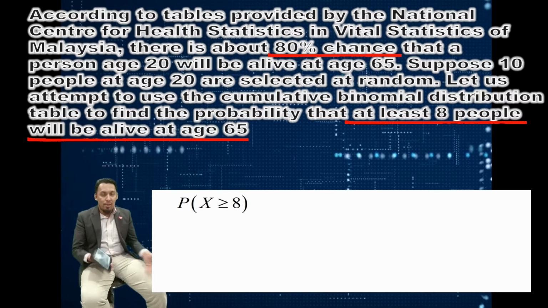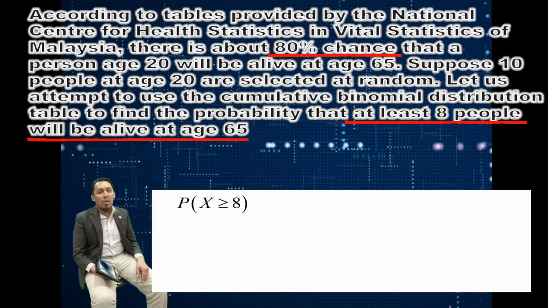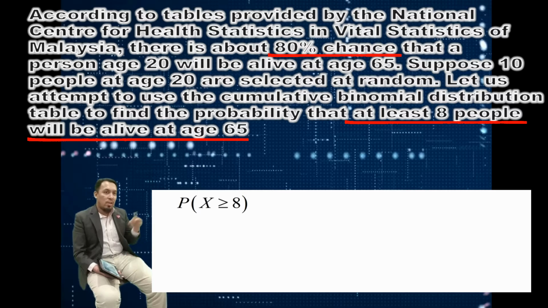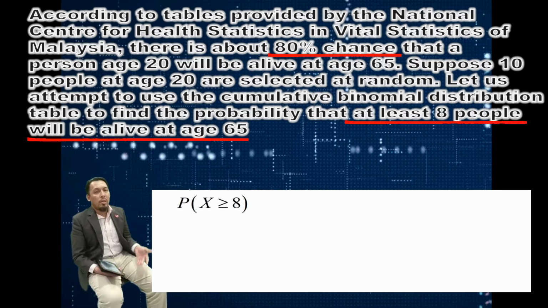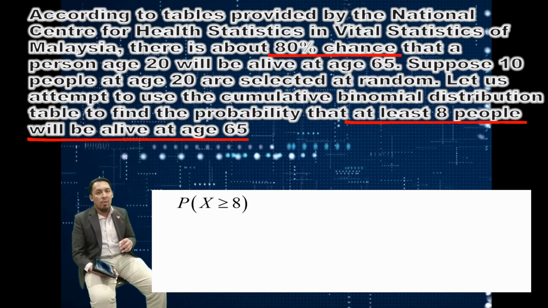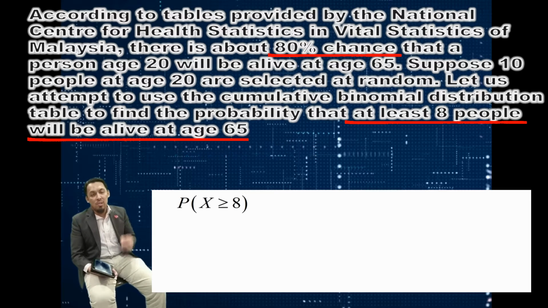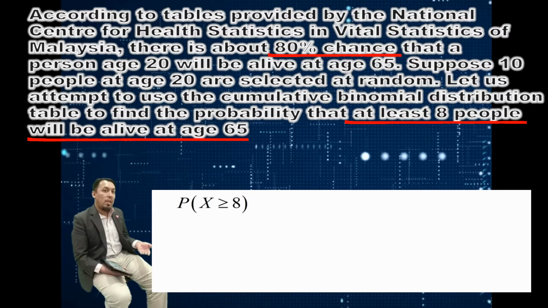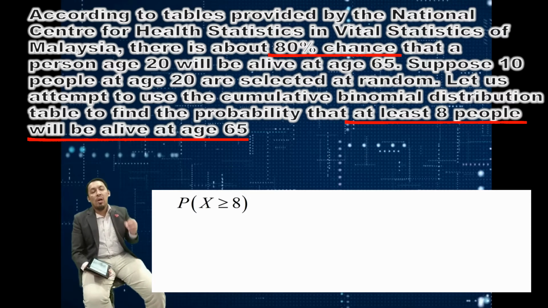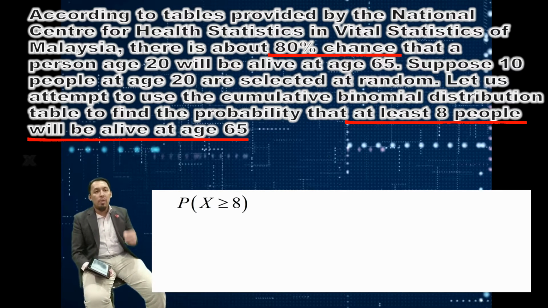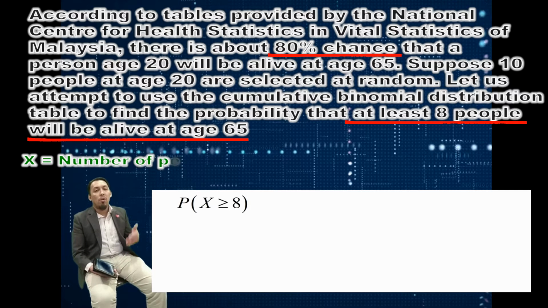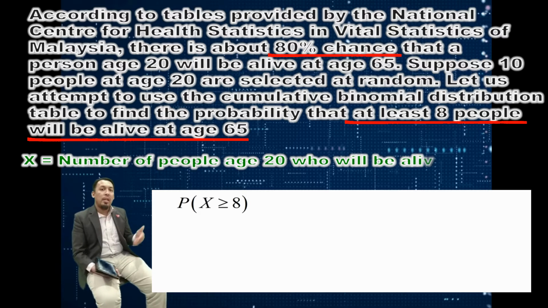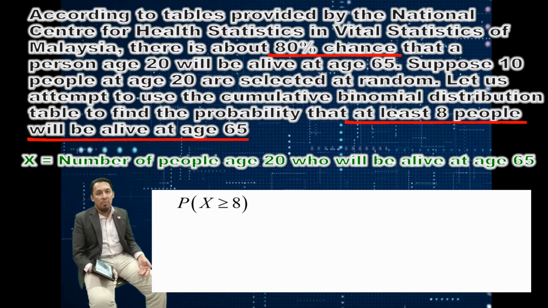Before that, let's talk about the random variable. What is the random variable for this question? What is the interest? They want us to find the probability that at least 8 people will be alive, so they are interested in the people who are alive. The percentage is 80%. So our random variable is the number of persons aged 20 that will be alive at age 65.